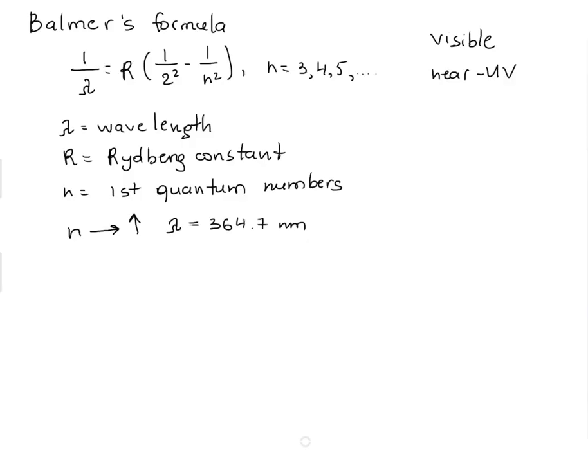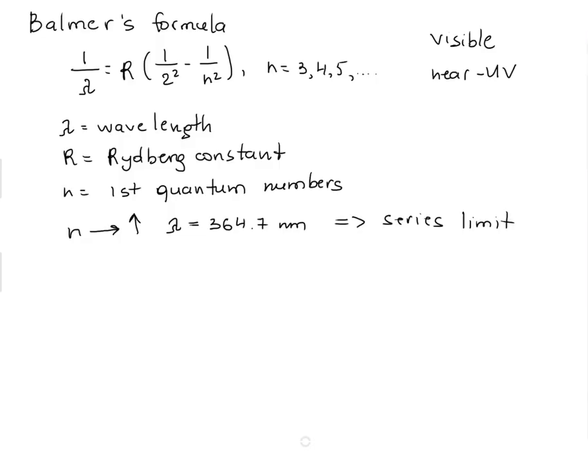So this is kind of a limitation, because as you increase this n value and do this mathematical calculation, the lambda will reach 364.7, and that's called the series limit. However, the hydrogen spectrum does not stop at visible light.